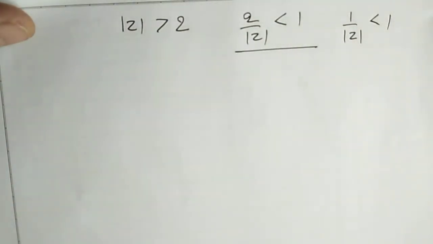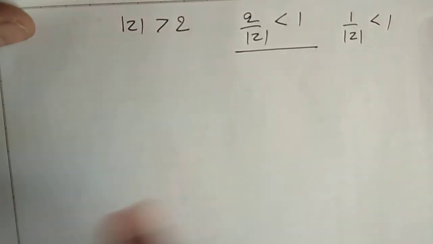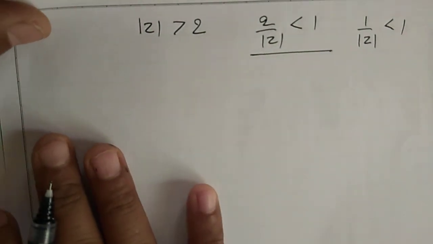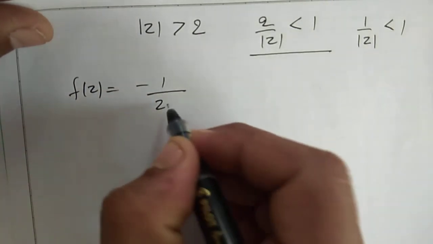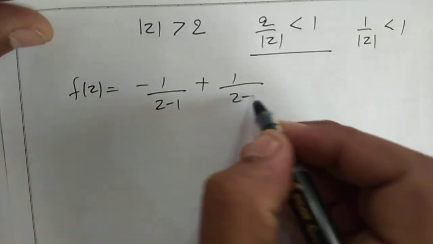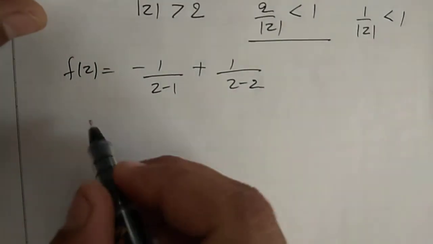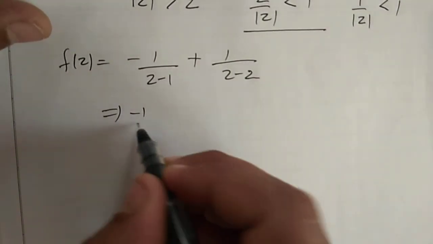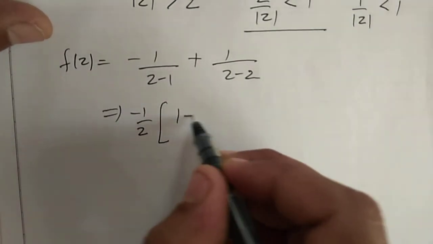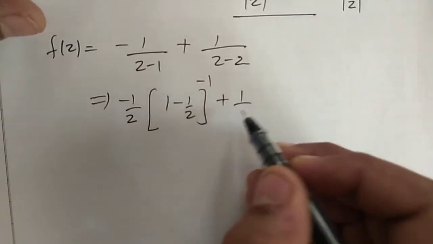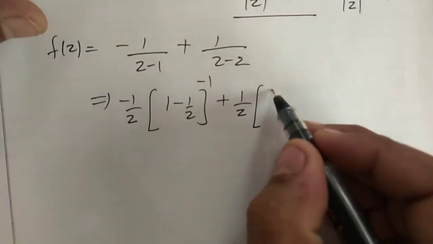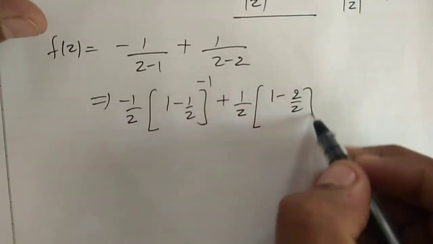So you have to make the form 2/z and 1/z, and in both terms we take z common. So f(z) = -1/(z-1) - 1/(z-2). Taking z common, we get -1/z (1 - 1/z)^(-1) - 1/z (1 - 2/z)^(-1).